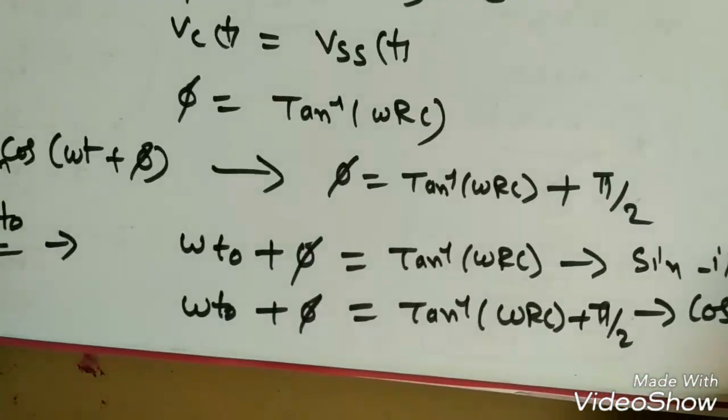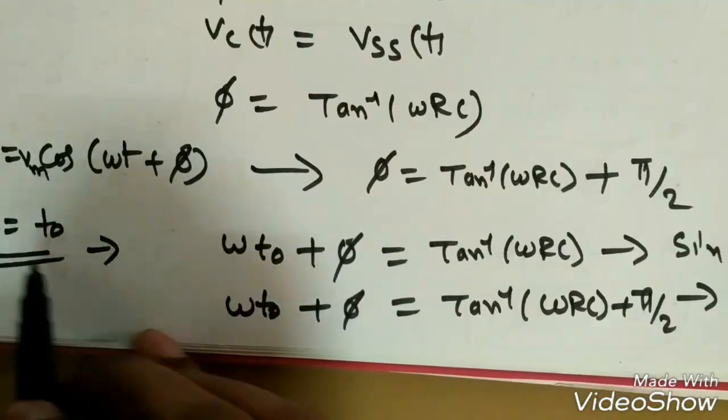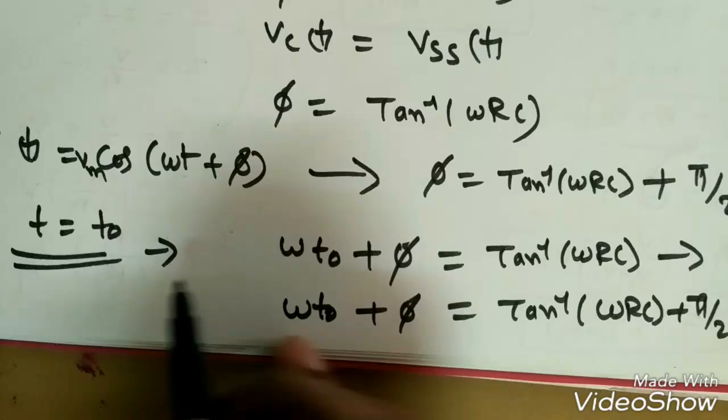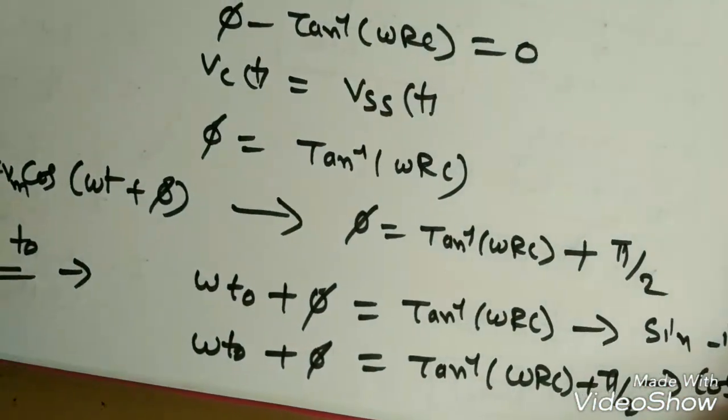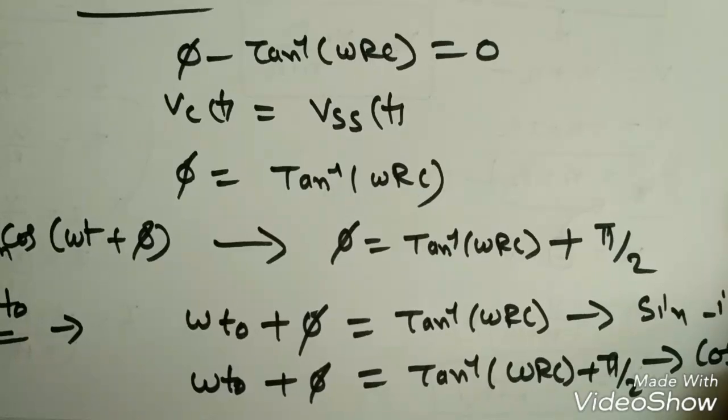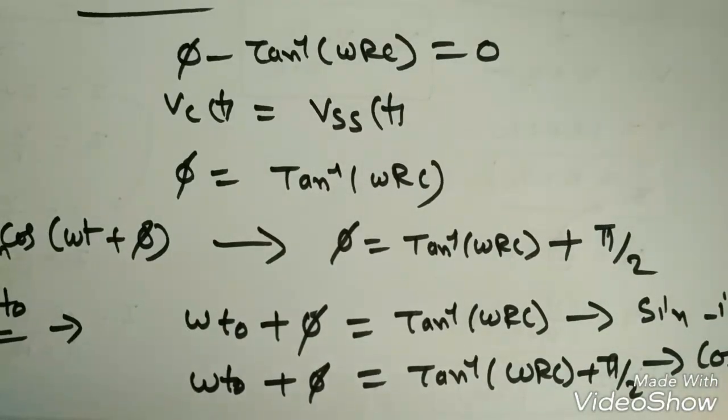So these are the two transient free conditions at t equal to t naught if the switch is closing, same as in the RL circuit. Now we will solve one or two problems on this concept.